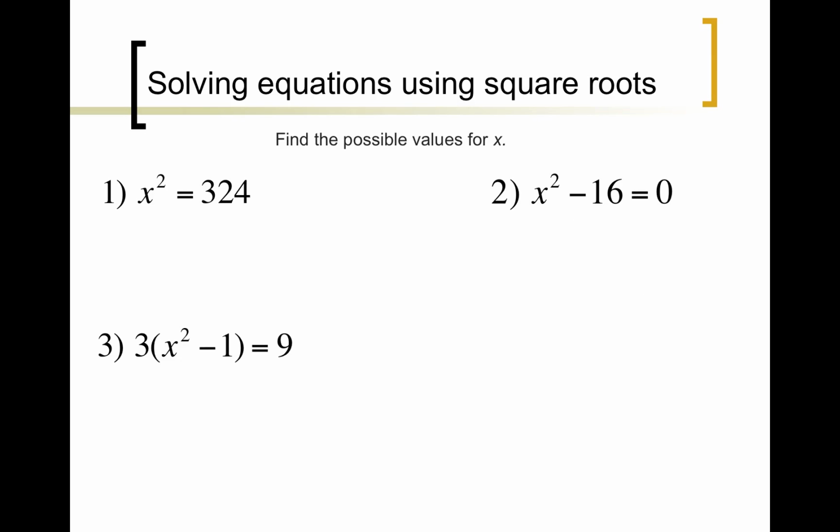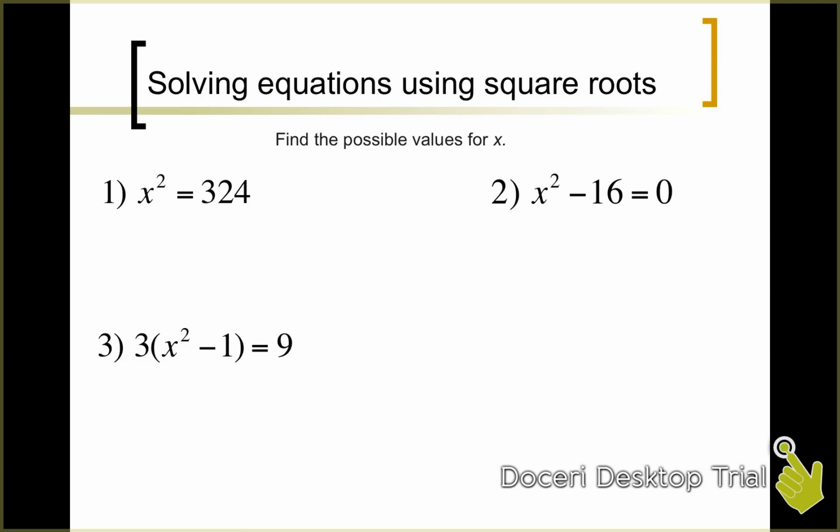Wow, tricky, right? Not really. Most of you are going to want to distribute, but I told you to get x squared by itself. If I distribute, that's going to make my life a little harder. So here's what I'll do instead. I know 3 is easily divisible by 9, so I'm going to divide the whole thing by 3 first. Now I have x squared minus 1 is equal to 3.